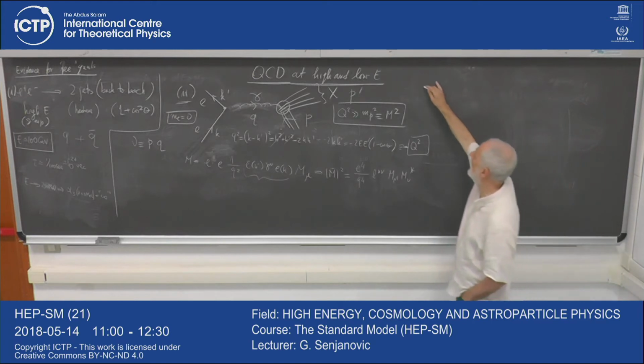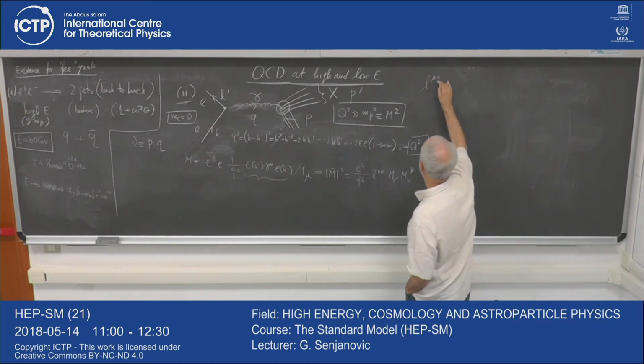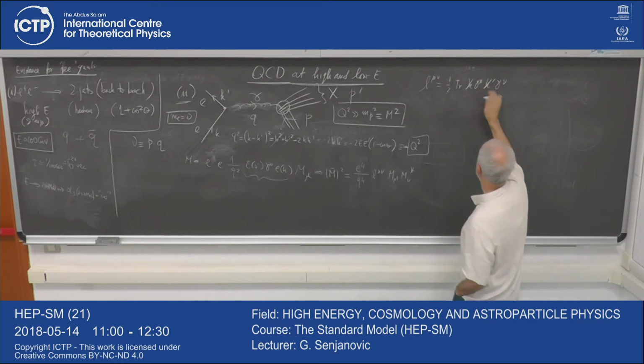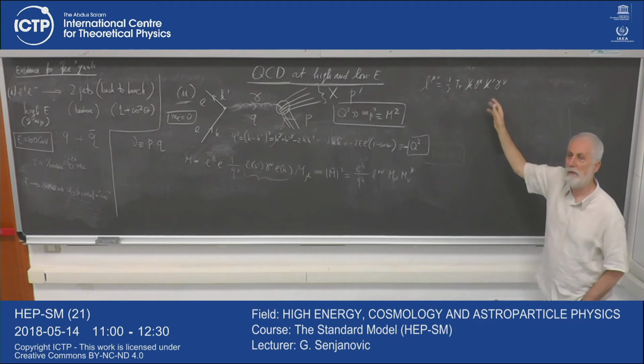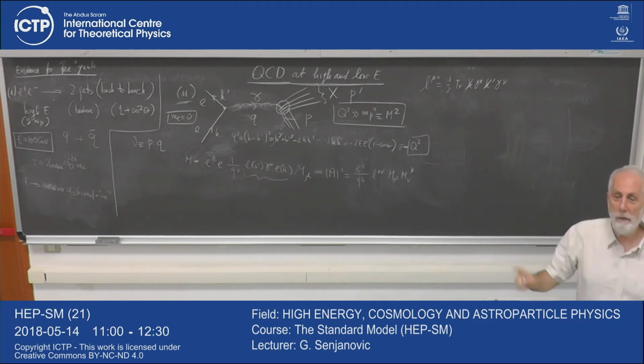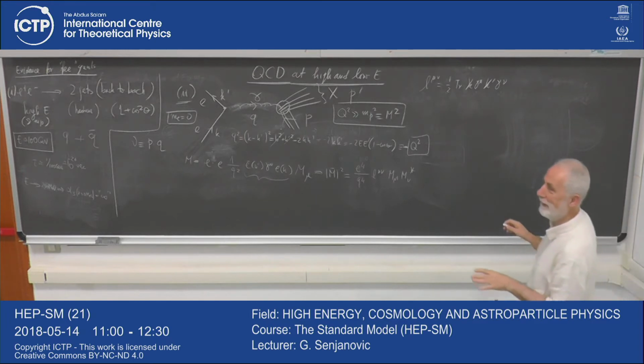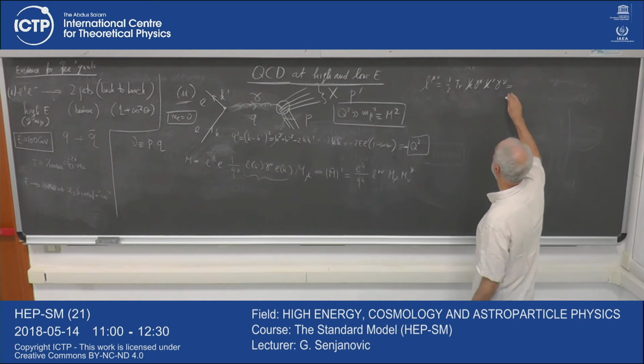What would L mu nu be? There will be 1/2 trace k slash gamma mu k prime slash gamma nu. You have seen that. You don't have to worry about gamma mu and gamma nu, although this is symmetric in mu nu, you would see immediately. There is no parity violation, there is no epsilon mu nu term. Okay, this is QED, this is very simple. And this we've computed a number of times.